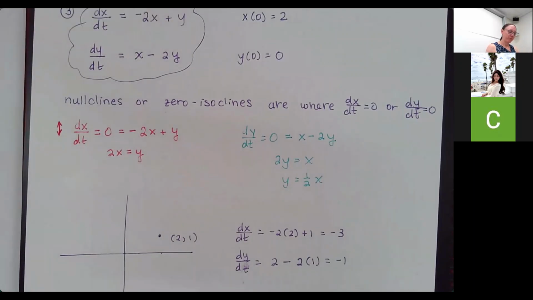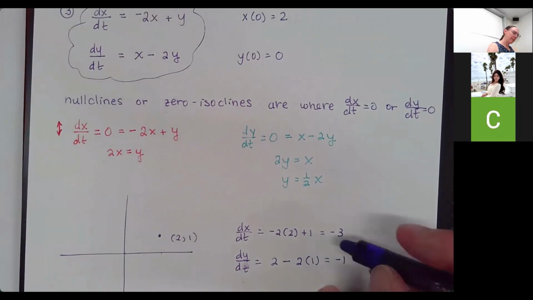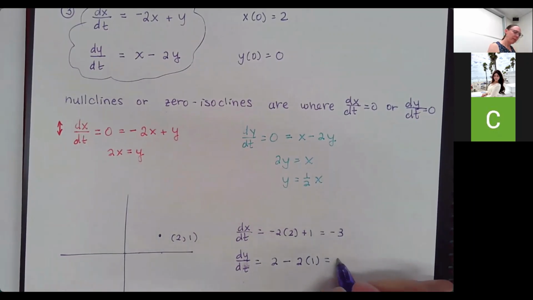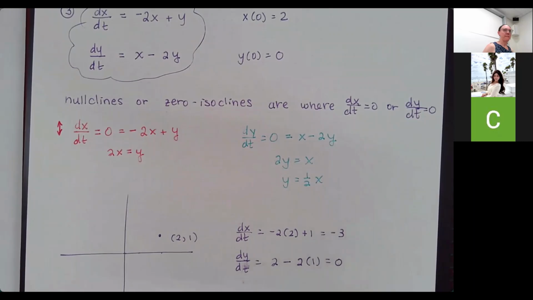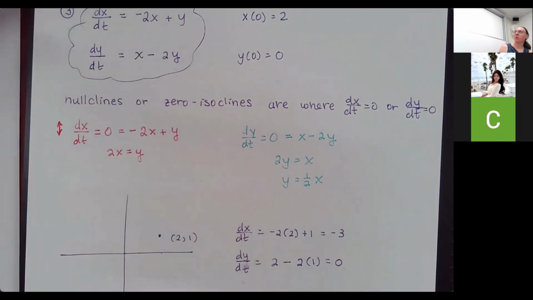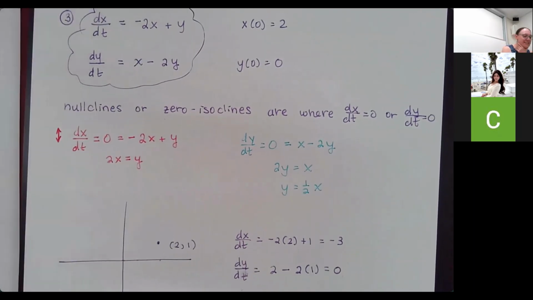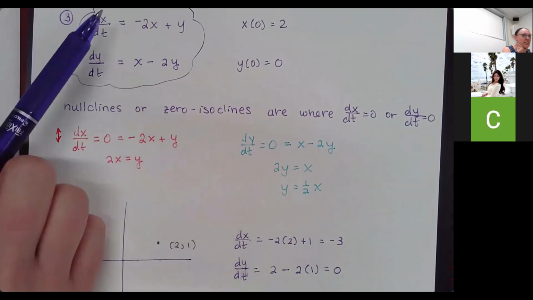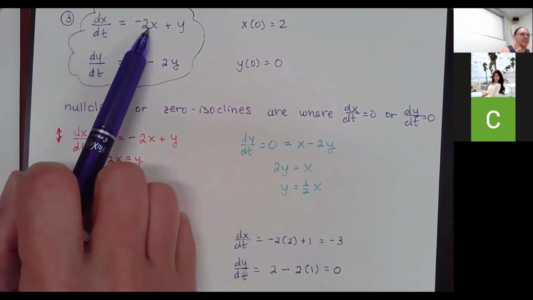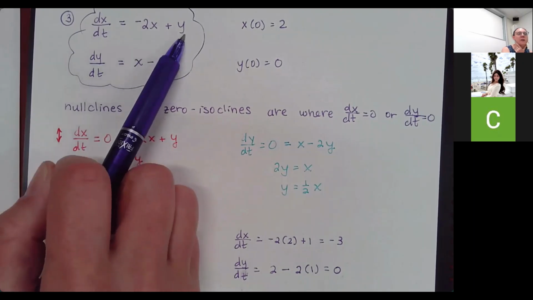That's 0, isn't it? Oh, yeah, 2 minus 2 is 0. Thank you for that. I'm standing at the point 2, 1. And if I were to read these differential equations out loud in words, this says the change in x I get from -2 times the x coordinate plus 1 times the y coordinate.